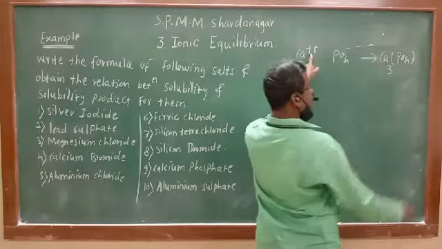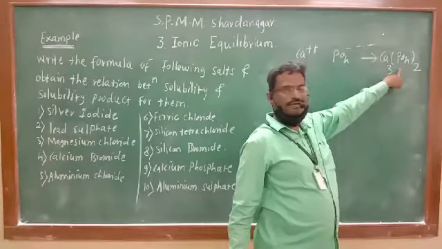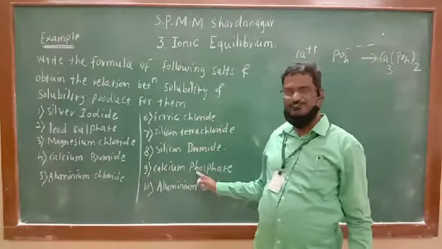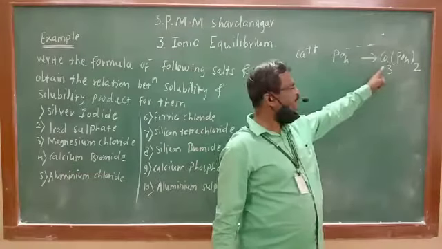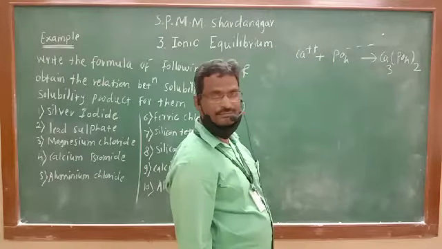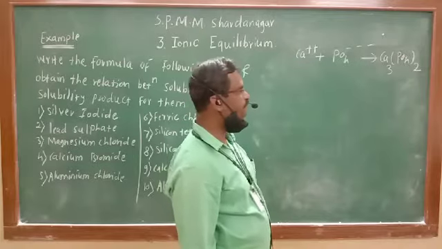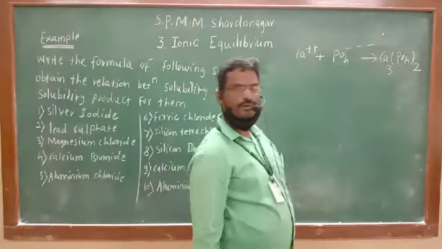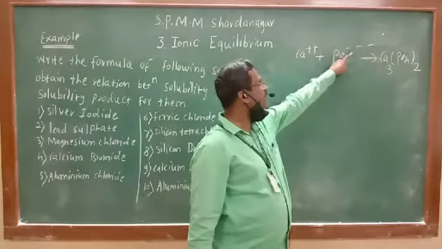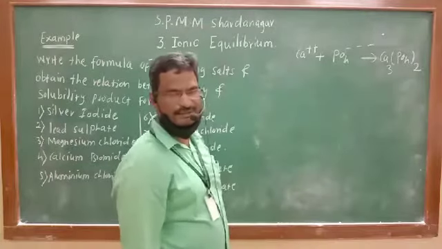Charge of first is 2, so this will be 2 times. Ca3(PO4)2, calcium phosphate. This calcium phosphate has a formula like this. While adding the cation and anion, we obtain the salt as a whole electrically neutral. So at that time, charge of first is the number of second and charge of second is the number of first. This is the molecular formula for calcium phosphate.